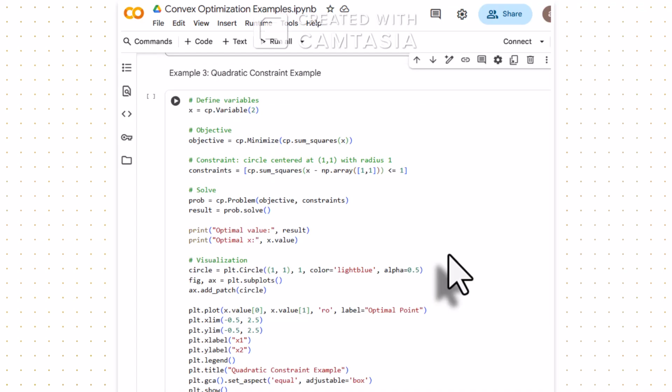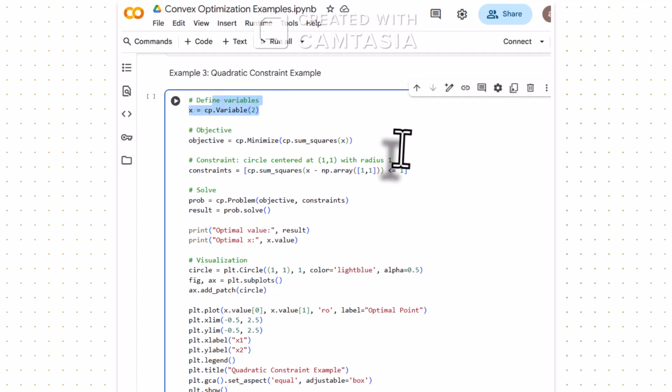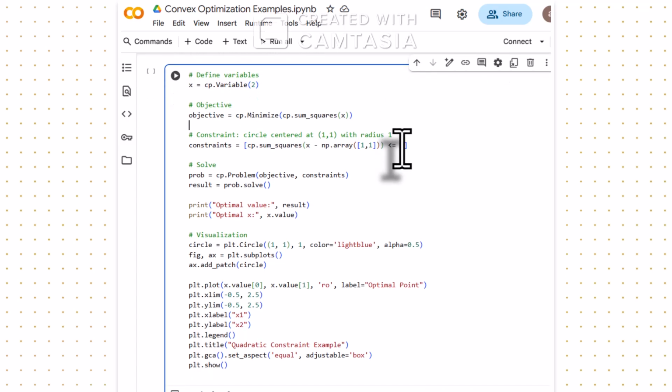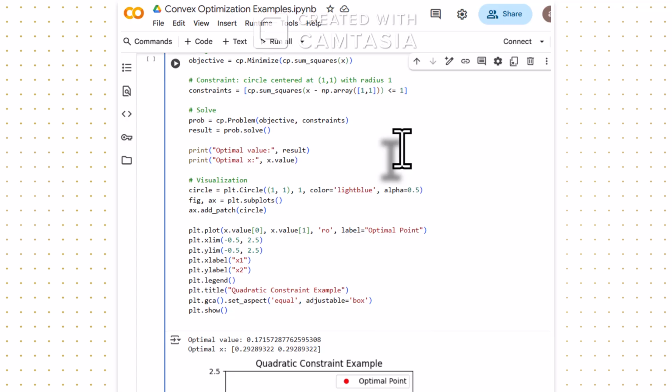So the last example is of a quadratic constraint. So first the variable is defined. It's a 2D vector with x1 and x2. Then the objective function is defined. Same with constraints, and it's solved, which tries to find the point inside the circle that's closest to the origin, and it prints the optimal value and point.